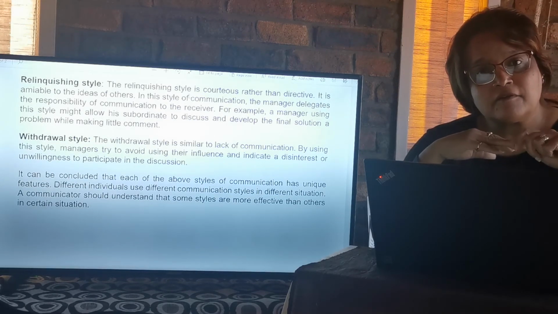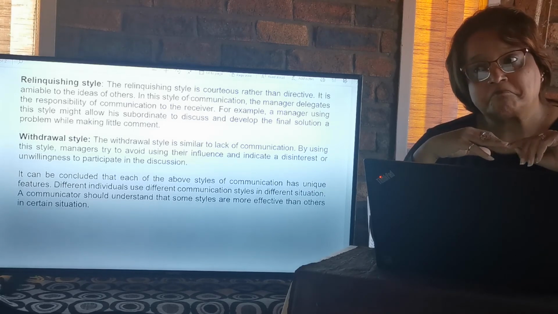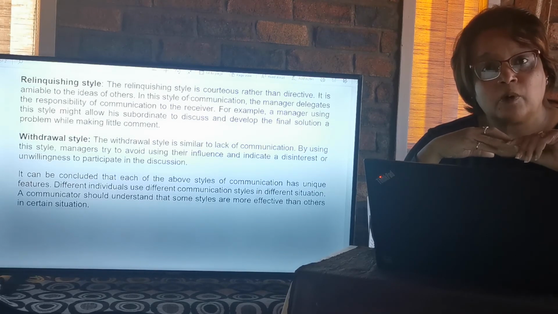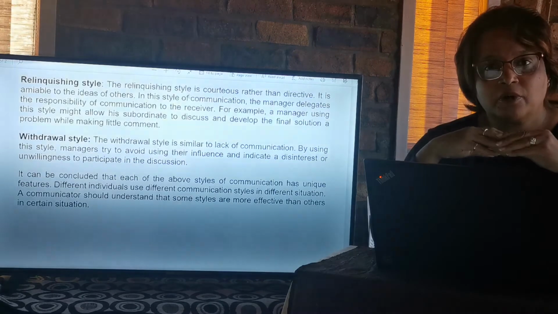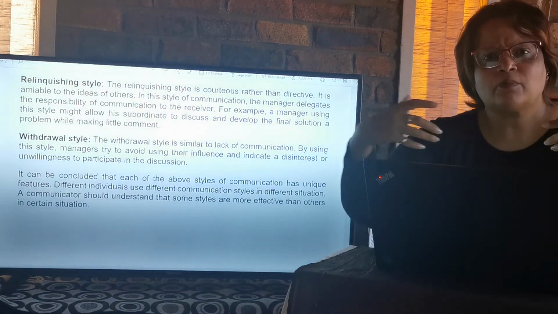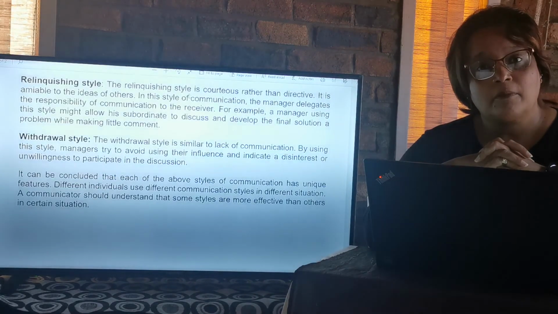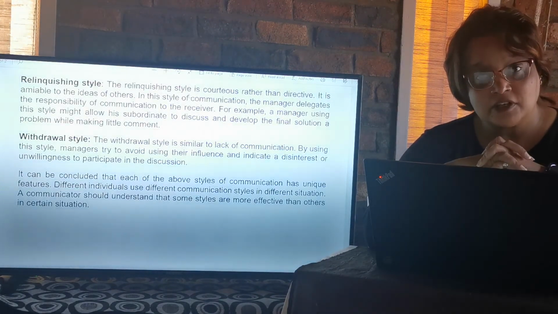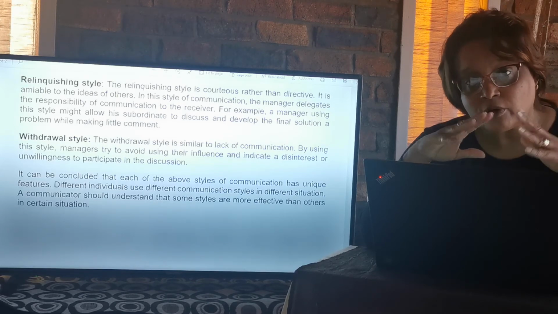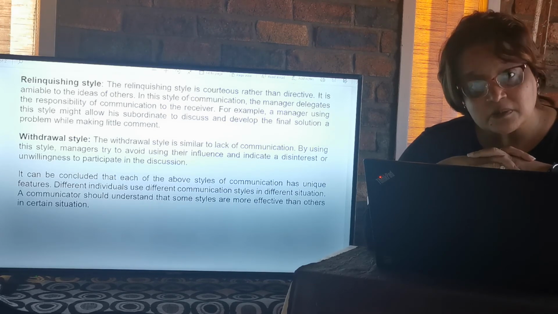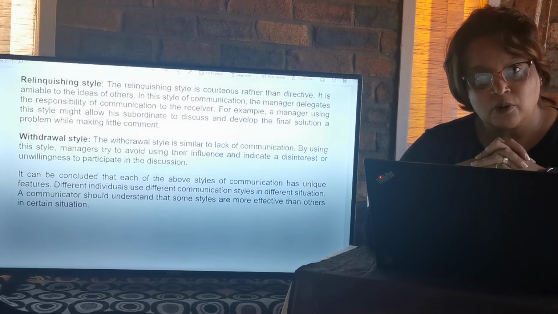They are not victimizing or downgrading the people that they are working with, but they also know that they can give off some of their responsibility, because that person can also do the work, maybe even better than he or she can. So relinquishing style, you're not giving all away your authority, but you're giving some responsibility to the people that you're working with.